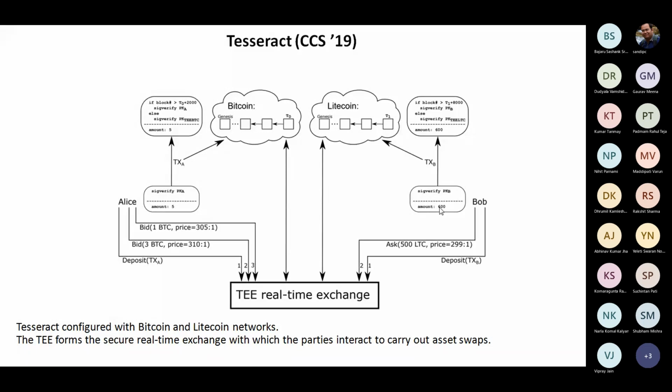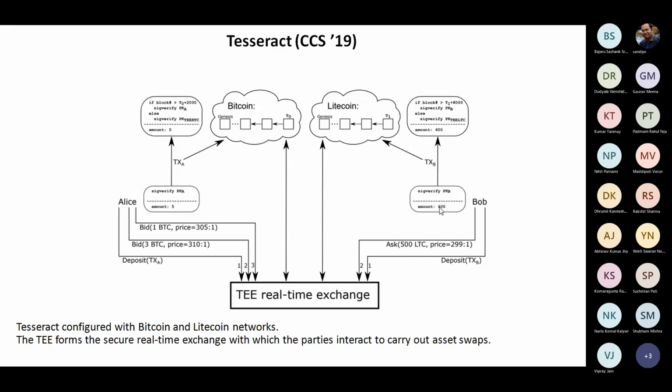If you see these rounded rectangles on the top left and top right, what it says is that for about 2 weeks, roughly 2000 blocks, which is the rate at which Bitcoin would generate blocks in 2 weeks, or maybe 8,000 in case of Litecoins, till that time it can only be taken back by this TEBTC, and if it is beyond that, it can be taken back by Alice.